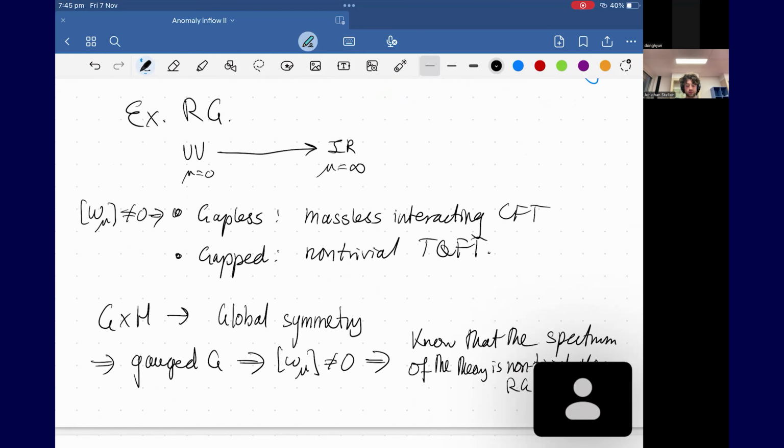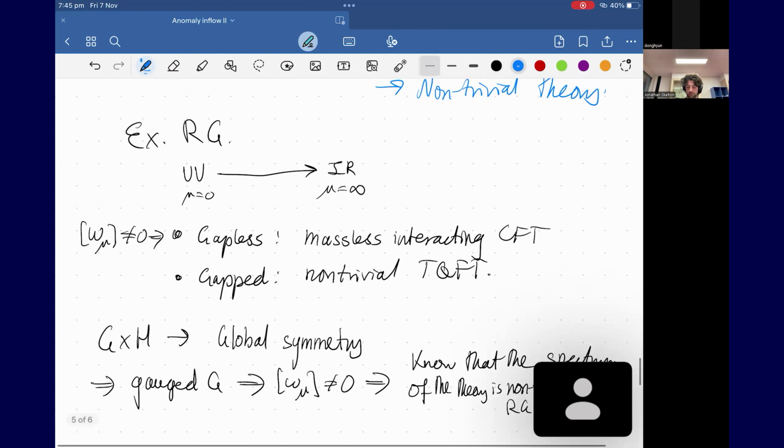If you think about the sort of theories you're familiar with, if you have massive particles, once you flow down to below the particle mass, there are just no excitations. You have a trivial field theory. And really, there are only a few mechanisms that we know of that avoid a completely trivial IR.